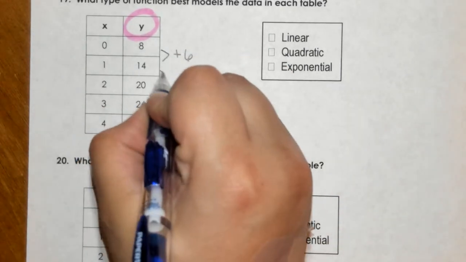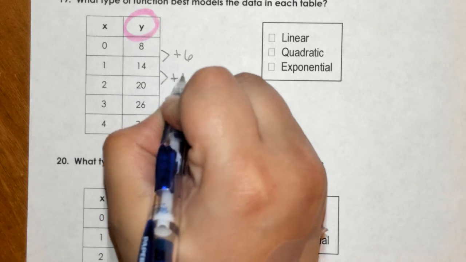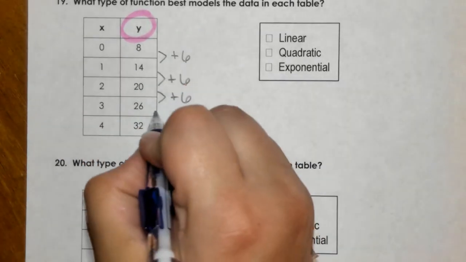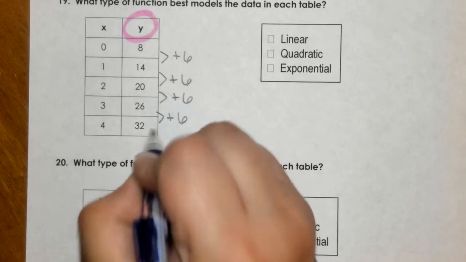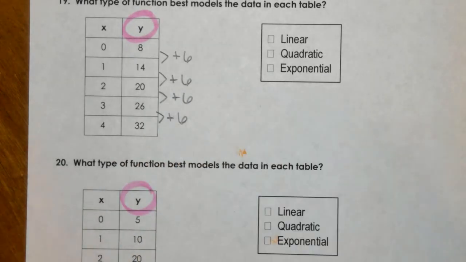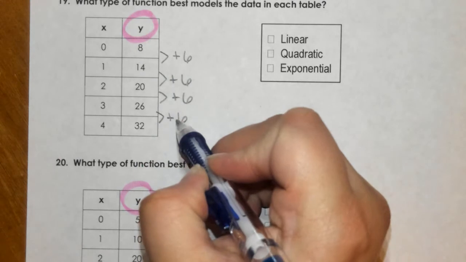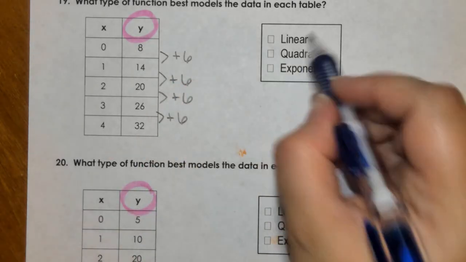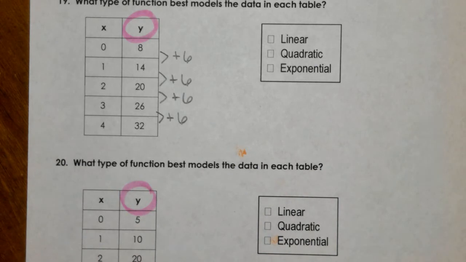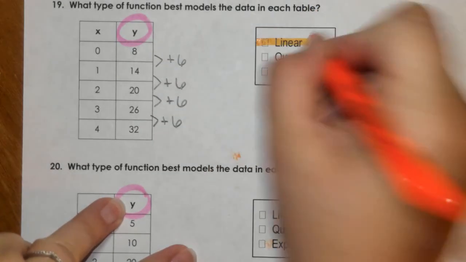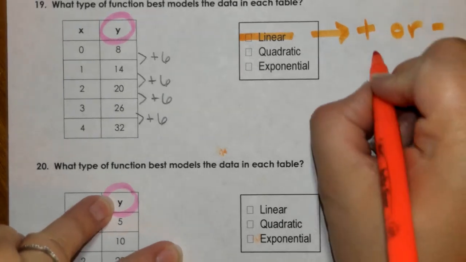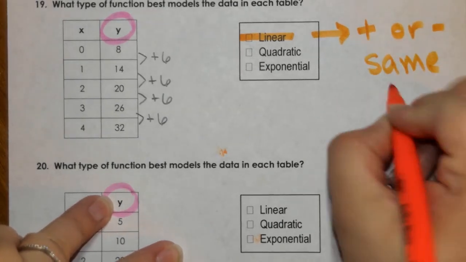Does 14 plus 6 give me 20? Yes. 20 plus 6 gives me 26, and so forth. So because I used addition, and it's the same number I'm adding, that's linear. So with linear, I either add or subtract the same number.